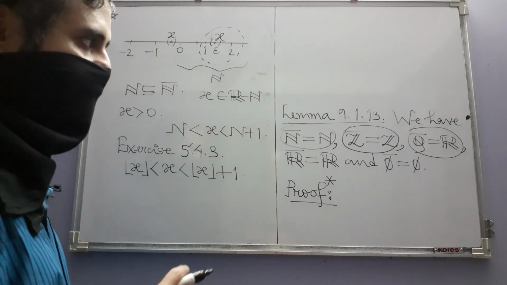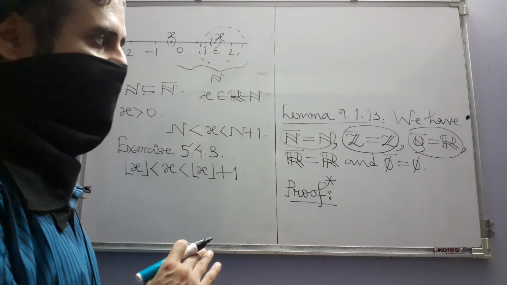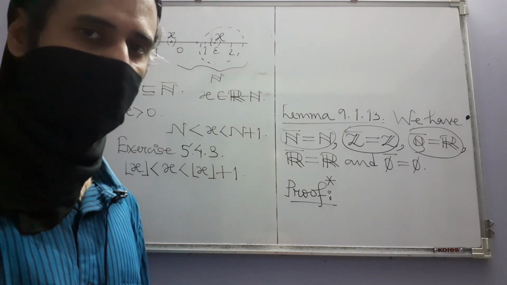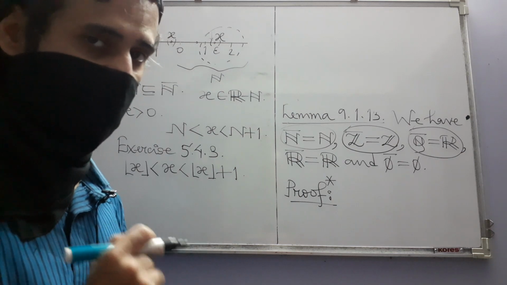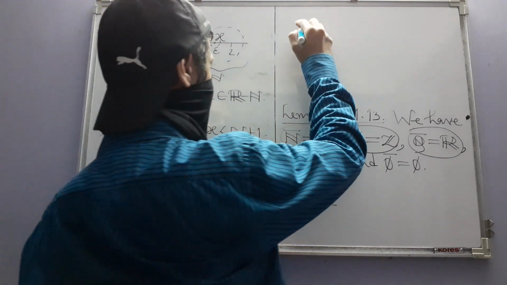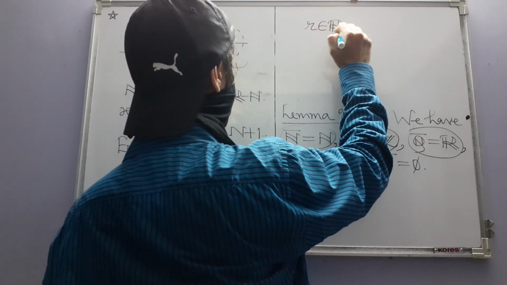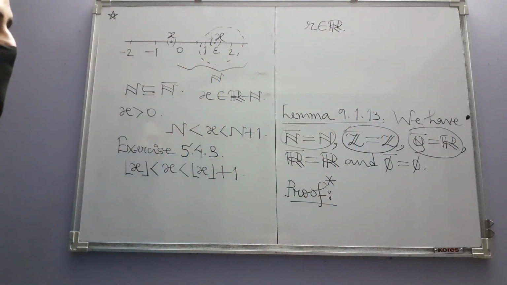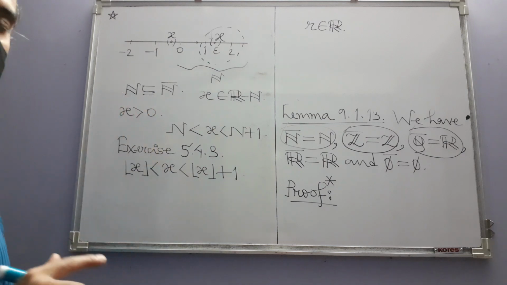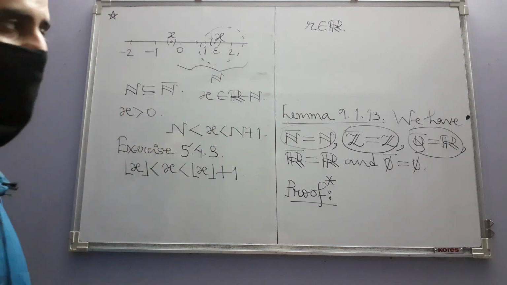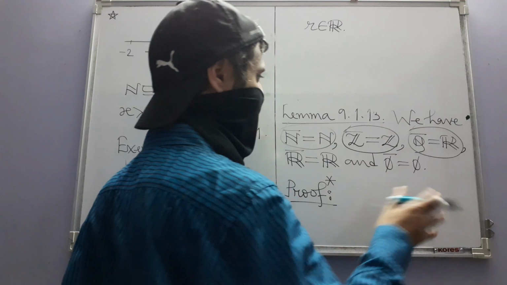It means that any real number is an adherent point of the set of rational numbers. So you arbitrarily choose any real number. You have to prove that this R is an adherent point of Q.